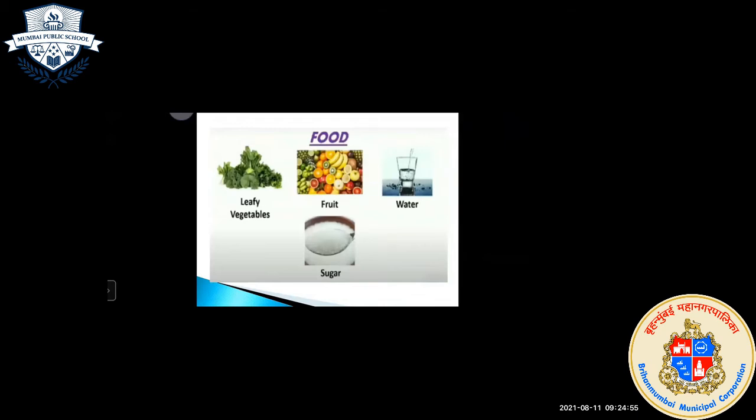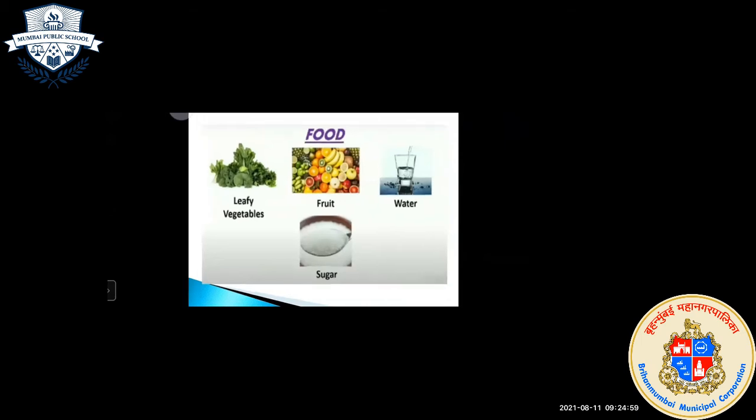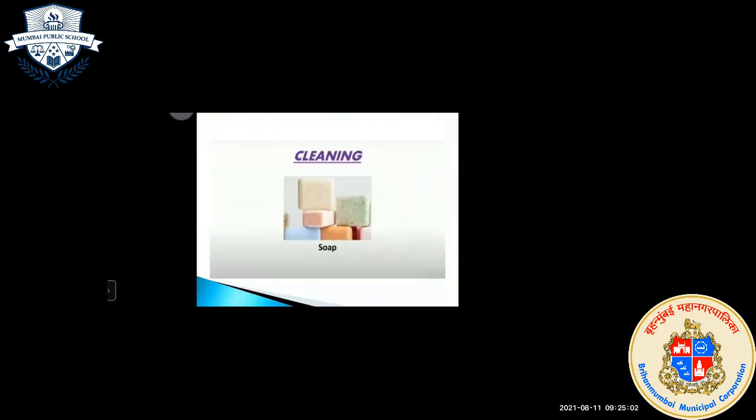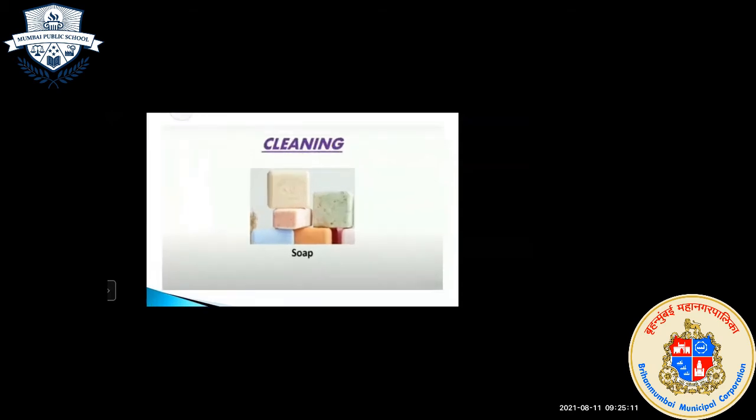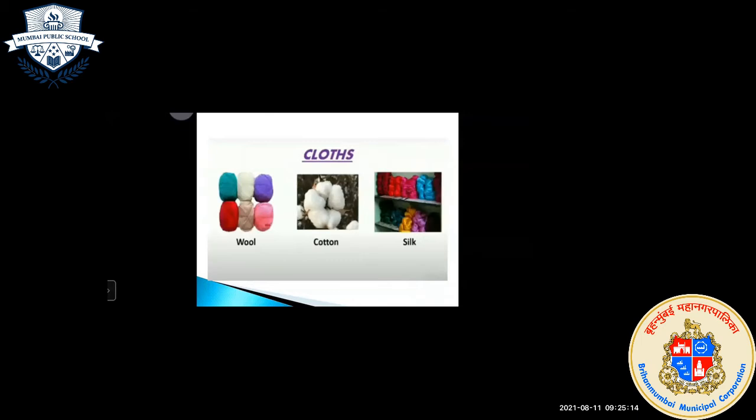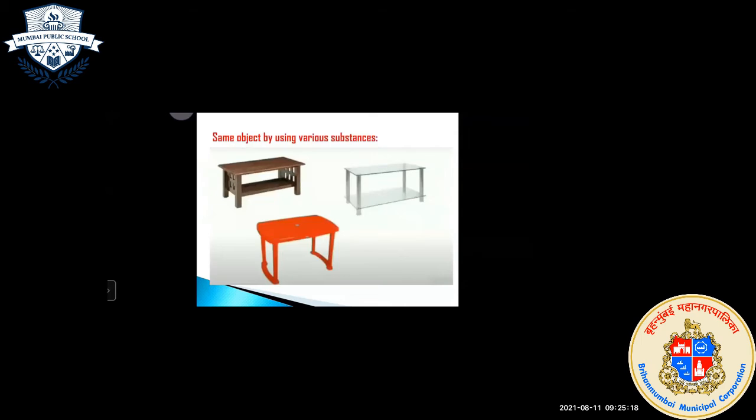Means different substances can also be used at a time for our things getting done. Now see, soap is used for cleaning purpose. For clothes, we can use wool, cotton, and silk. And now see, we can also make the same object by using various substances.